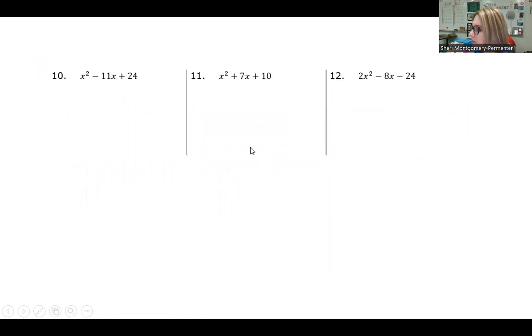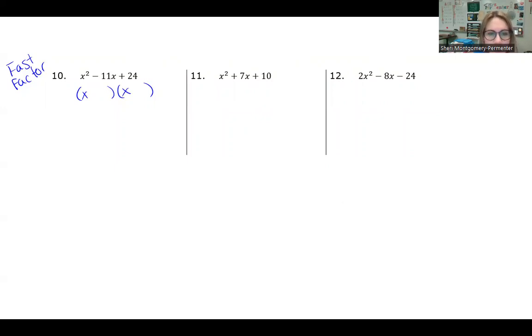All right, starting with question number 10. So these are fast factoring. So we know when we fast factor, we're going to get two parentheses, and there's going to be an X and an X. To figure out what goes in the parentheses, we have to get a factor list.